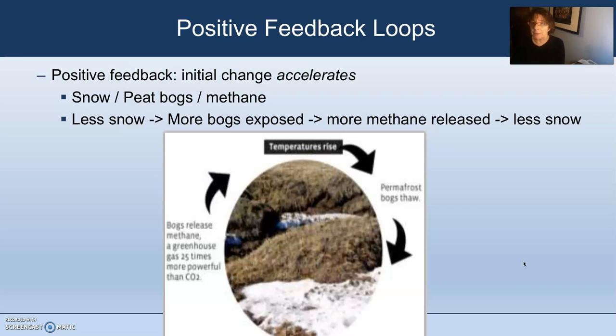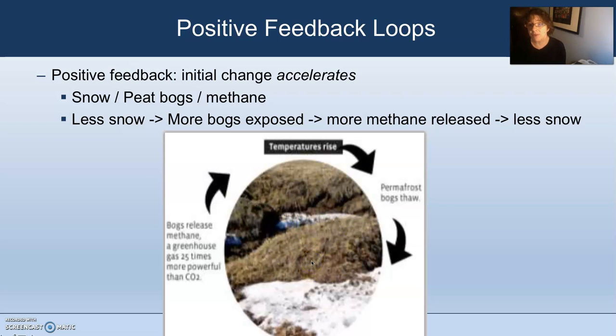Here's a third one. When we talk about peat bogs, we are talking about their reaction to snow on top of them. So when there is less snow, when that glacier has retreated and there is less snow, there is more of that dark peat bog exposed.